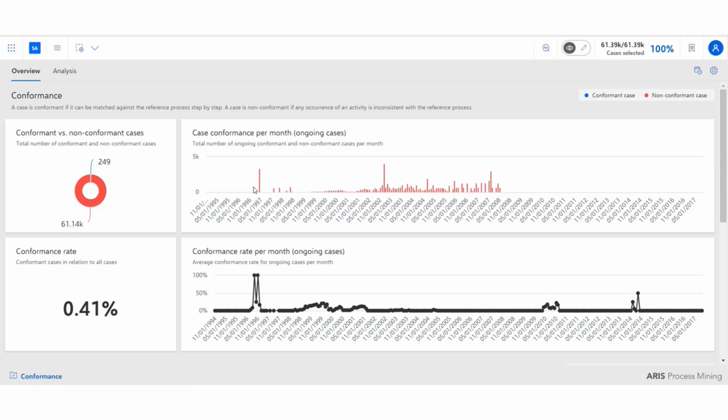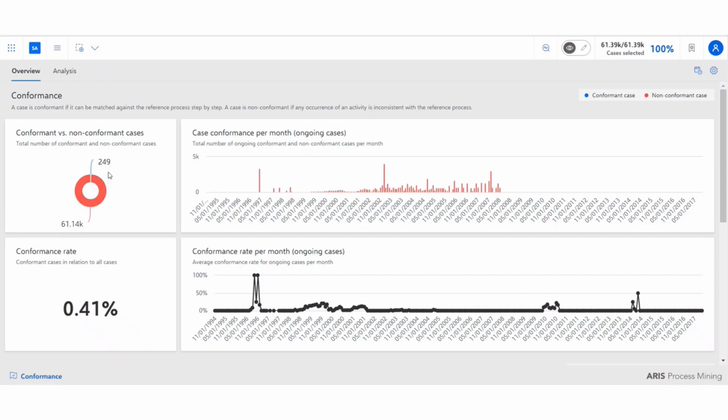So practically, you can import that in process mining, and then you can do a mapping between the activities which are happening in your SAP system and the corresponding process steps which are available in your ARIS process model.